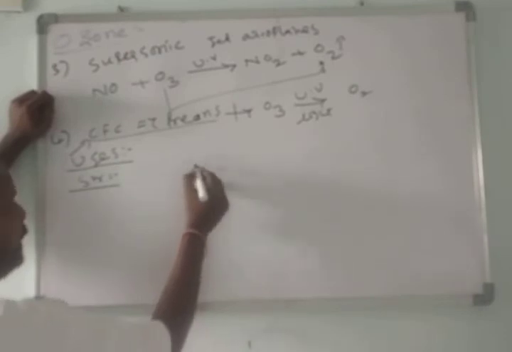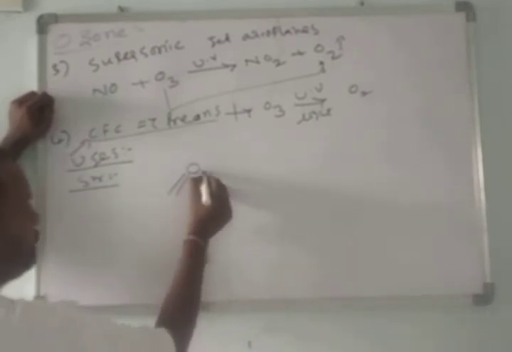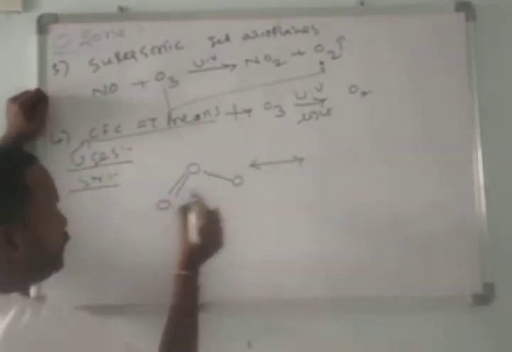And then we'll see the structure of ozone. It shows resonance. Ozone means three oxygen atoms. Here one oxygen atom, here one more oxygen atom.